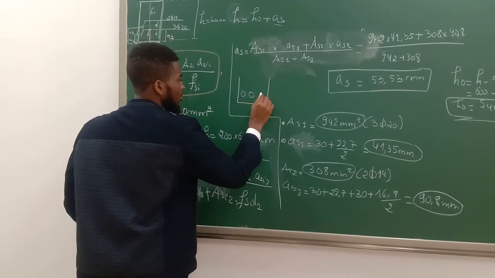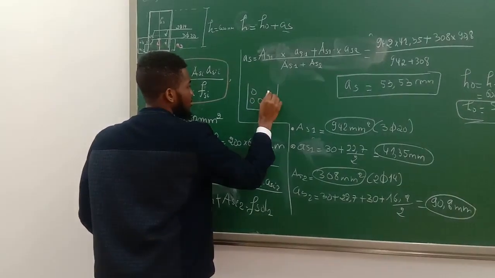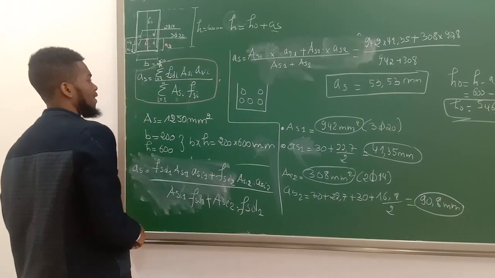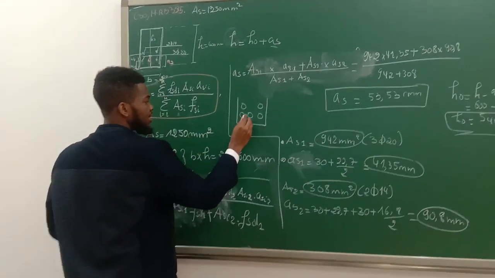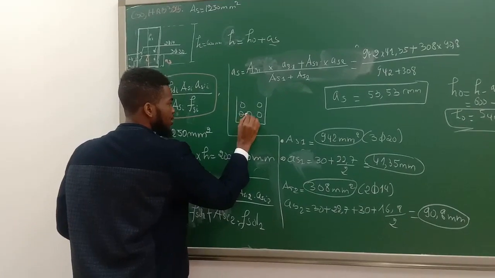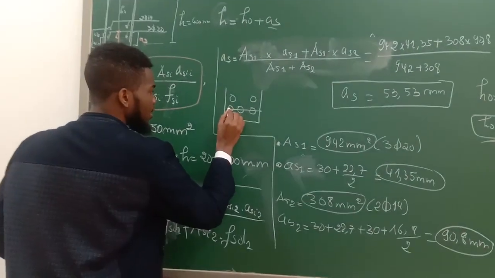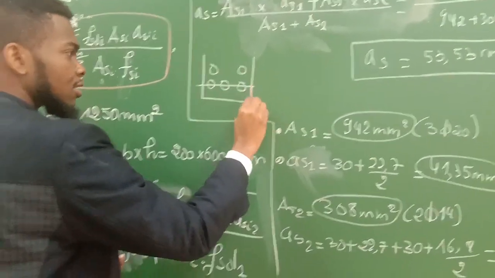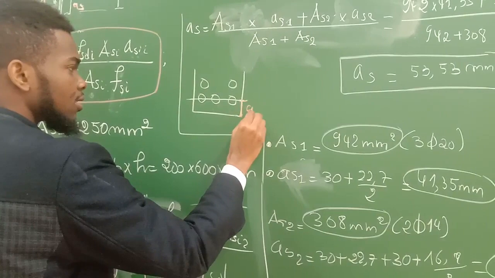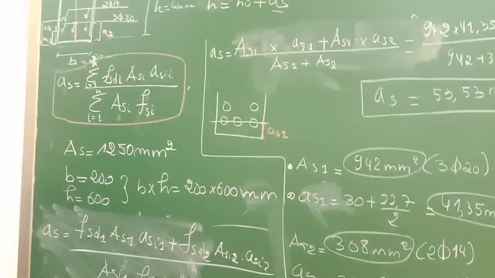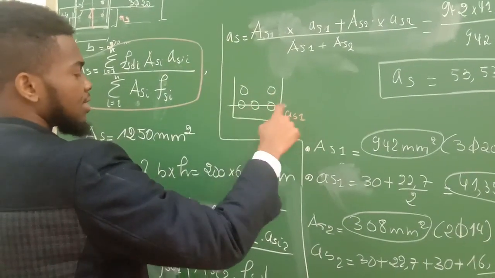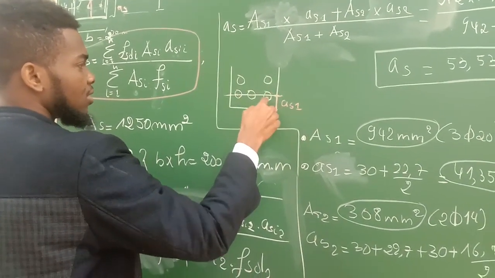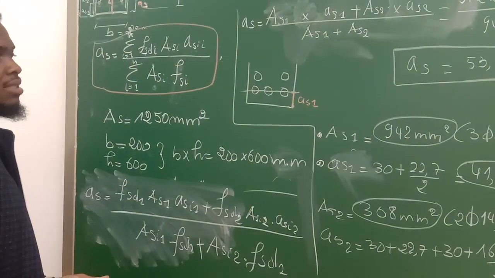We have those three, and those three are the steel bars. a_s1 is the distance between the middle of the steel to the edge. This is the first line, the second line. So we have to calculate it.